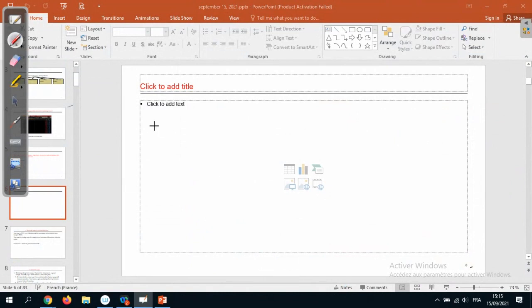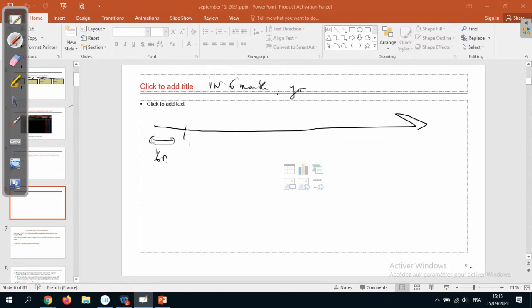I give you an example. A lot of companies, not a lot of, but very well educated companies. Imagine that in 6 months you will make the acquisition of a big company.